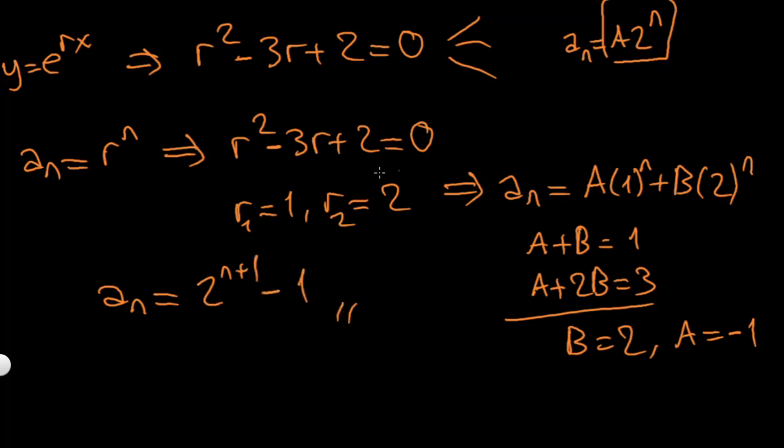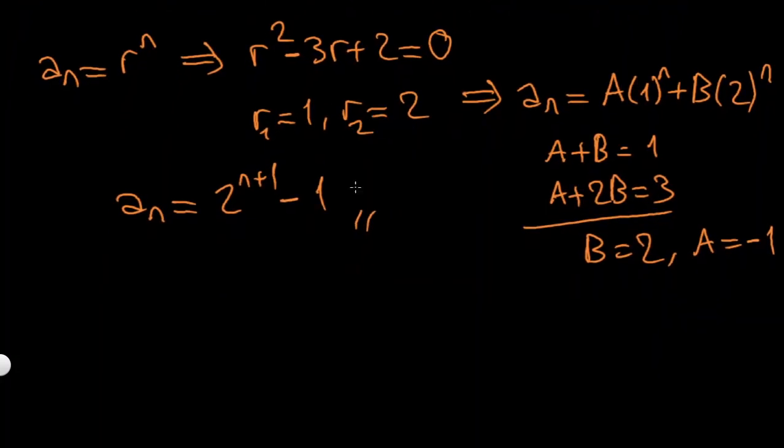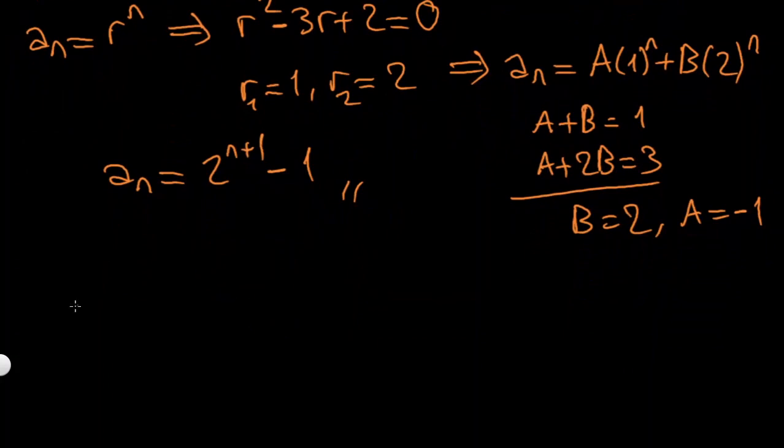And so this was the case when we have different roots. And if we have the same roots, it will be a similar logic to differential equations. So if I consider the characteristic polynomial r squared minus 4r plus 4, this is (r minus 2) squared.